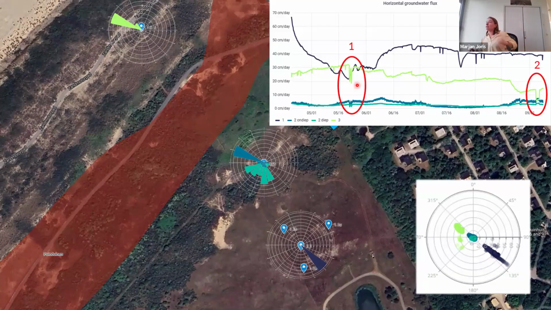Here we see different rabbit ears, I would say. So we see an increase of the groundwater flux, and that's the immediate result of stopping the groundwater pumping in the protection wells.